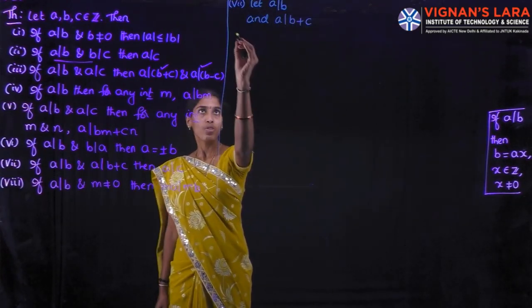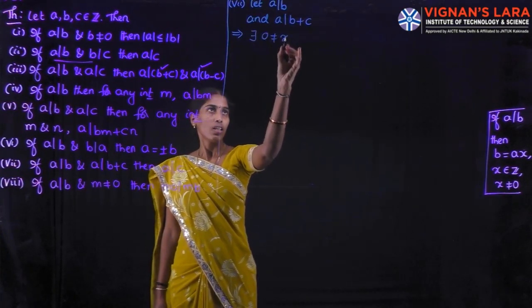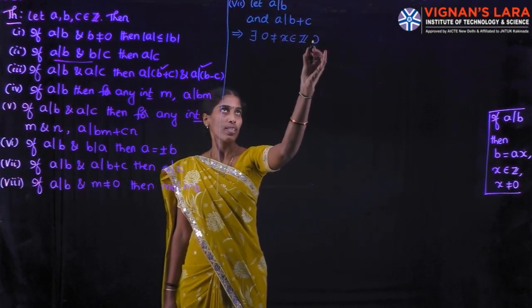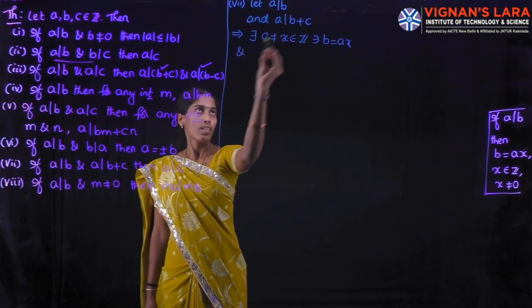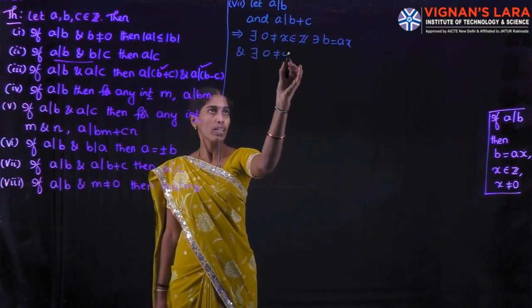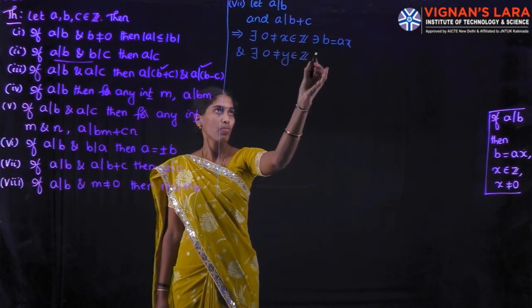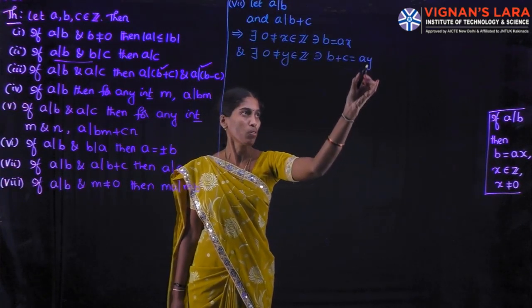Right? From these two, since A divides B, there exists a non-zero integer x such that B is equal to AX. And since A divides B plus C, there exists a non-zero integer y such that B plus C is equal to A into y.